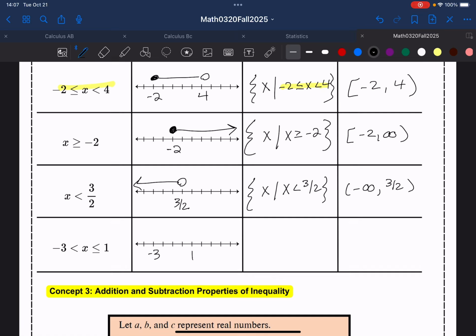I'm going to do an open circle on negative 3 and a closed circle on 1. And since x is between those two values, I'm connecting those 2 points. Which means for set builder notation, I have x such that negative 3 is less than x, less than or equal to 1. Okay, exactly what I have here. And then I have negative 3 with the parentheses and then 1 with the bracket.